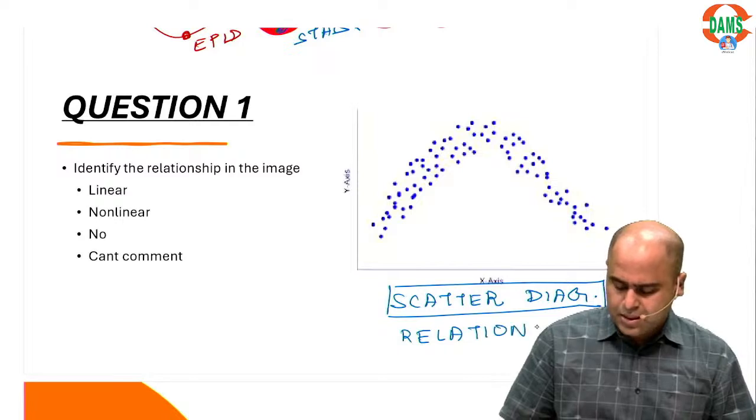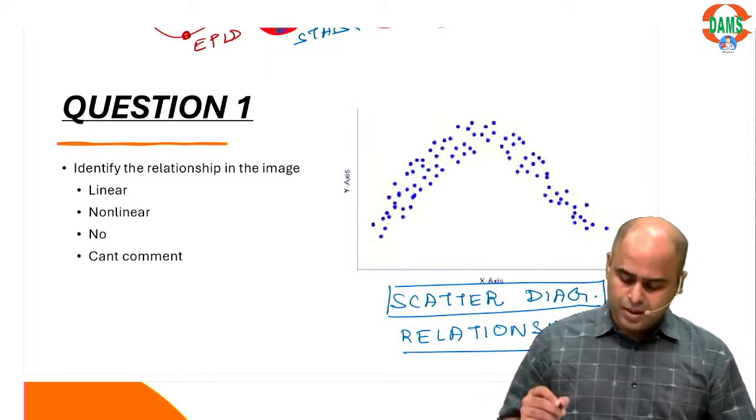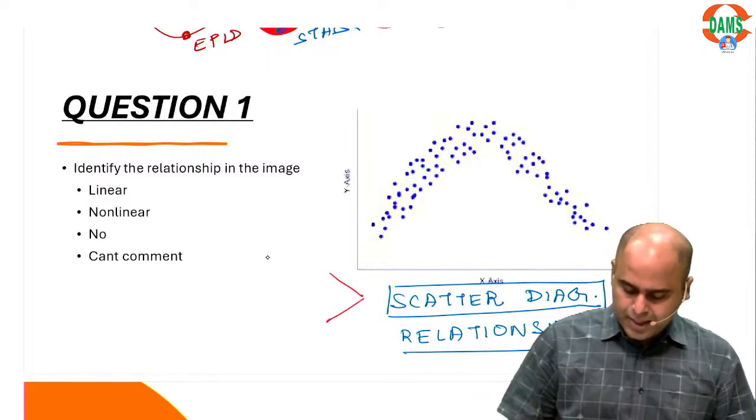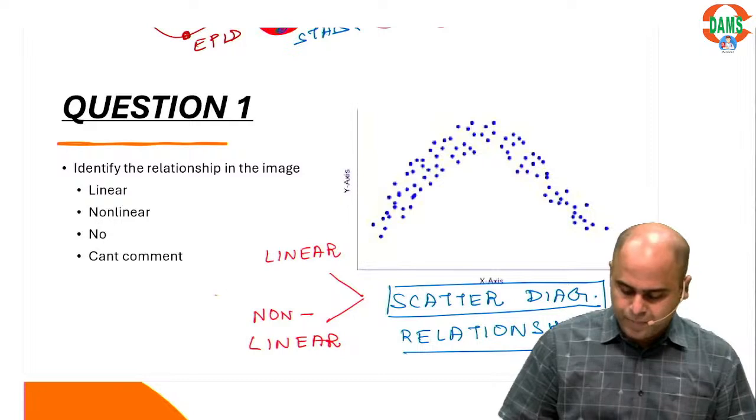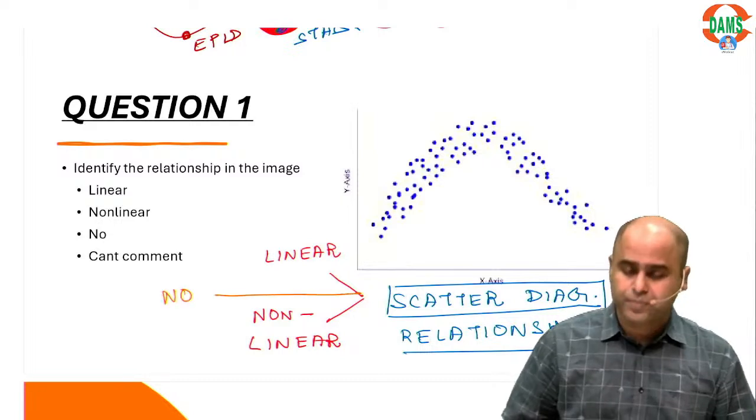My MCQ is first is this relationship. This scatter diagram can give me a linear or a non-linear relationship, or also a no relationship.